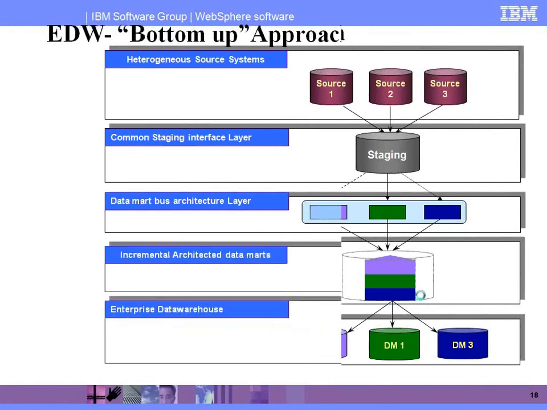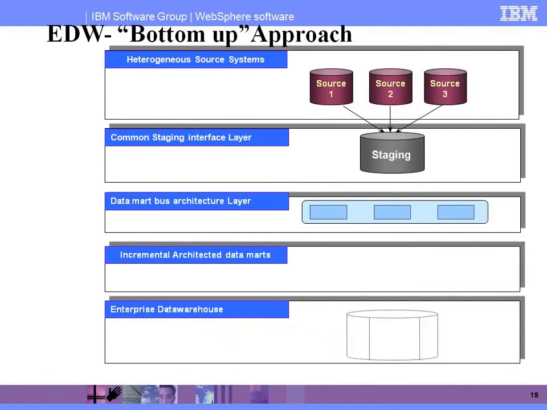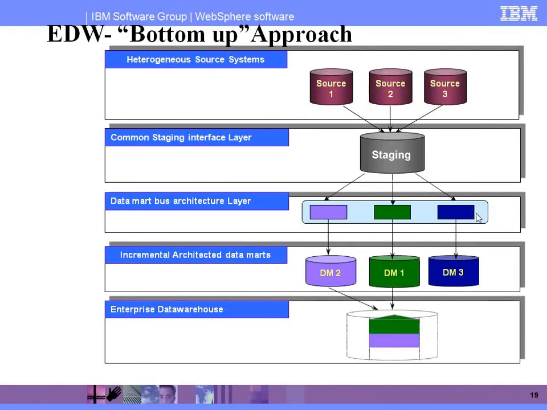Then we physically create the data marts on our database. Finally we load the data into the warehouse. In the bottom-up approach, we create the data marts in parallel with loading the warehouse, or before loading the data into the warehouse. This type of approach can also be seen in some projects implementing a data warehouse.